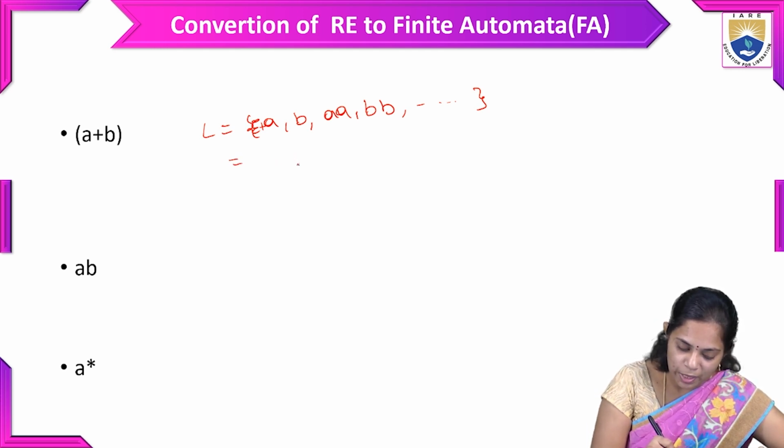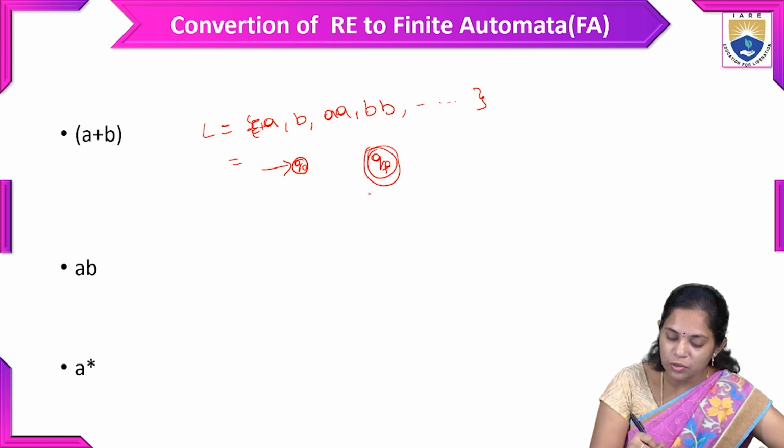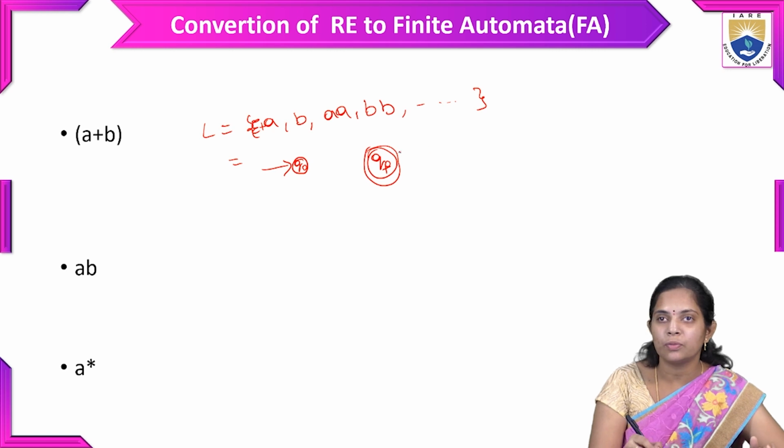So a plus b. The string starts with this q naught, and it either starts with a or b. We already discussed final states and initial states in the first videos.